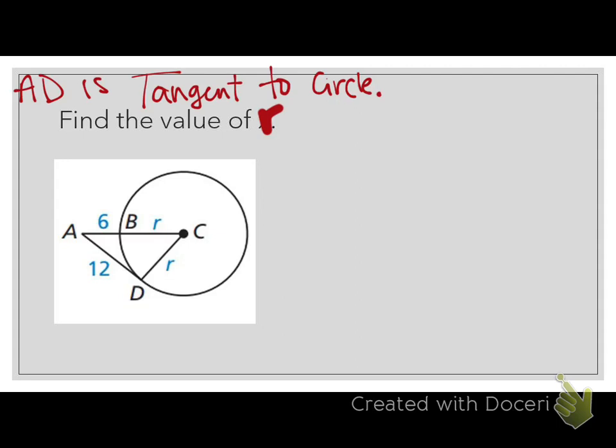We will have to do the Pythagorean theorem, but that's not what I'm looking for. So what does the tangent have to be? It has to be something, and you wrote it down. Is it perpendicular? Has to be perpendicular to what? So this is my tangent line, right? AD is my tangent line. What does the tangent line have to be perpendicular to? The radius. So my right angle would be here at D.